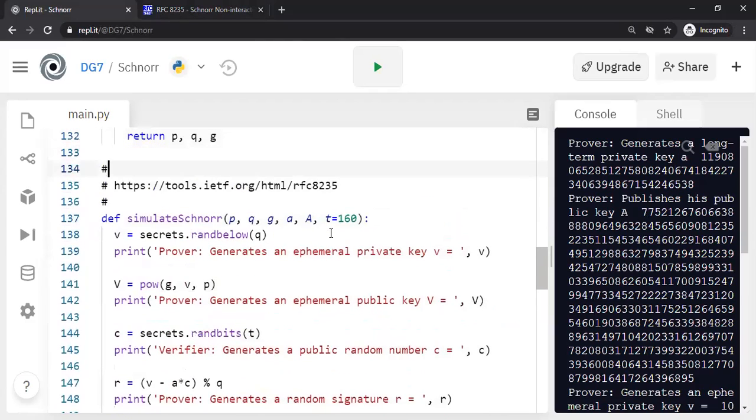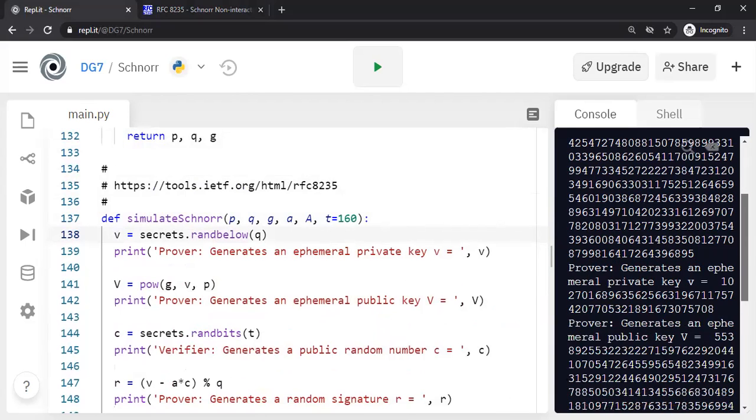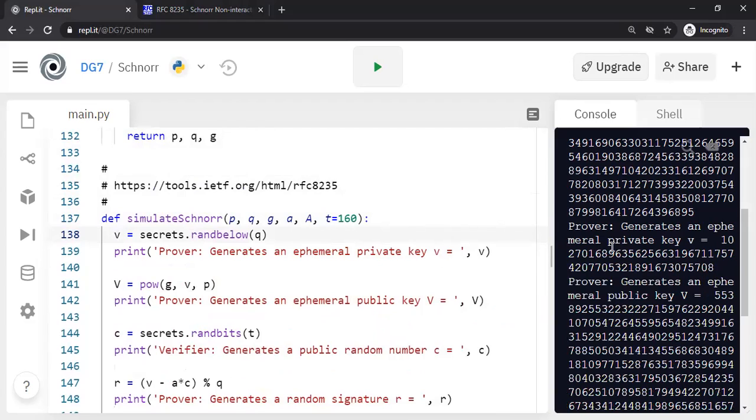Okay, what is the first step of the protocol? After the prover Alice publishes her public key, the prover generates an ephemeral key, small v. Ephemeral key means something that changes. She generates that, but she doesn't publish that, of course. And then she publishes the public key associated with the ephemeral private key.